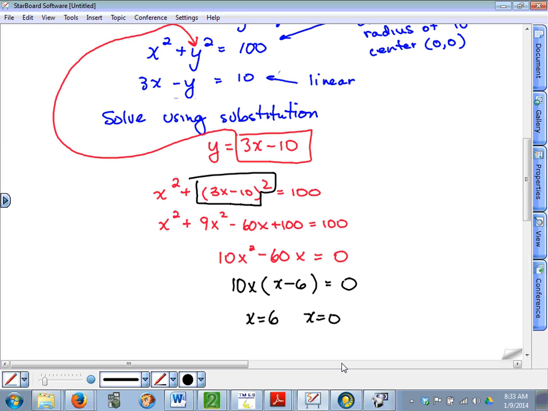What if instead of doing that, you add the 60x to the other side and just divide by x and then divide by 10? So we only get 6. Yeah. And the reason that doesn't work is we don't know what x equals. And in the case that x equals 0, you'd be dividing by 0. Does that make sense? Well, no, with the x over on the other side, then on one side 10x squared and on the other side positive 60x. I see what you're saying.